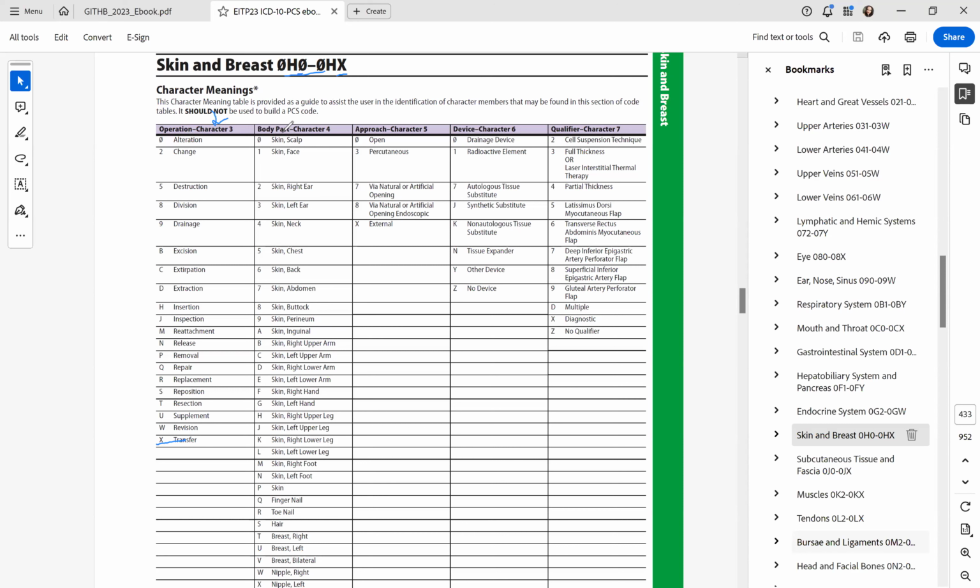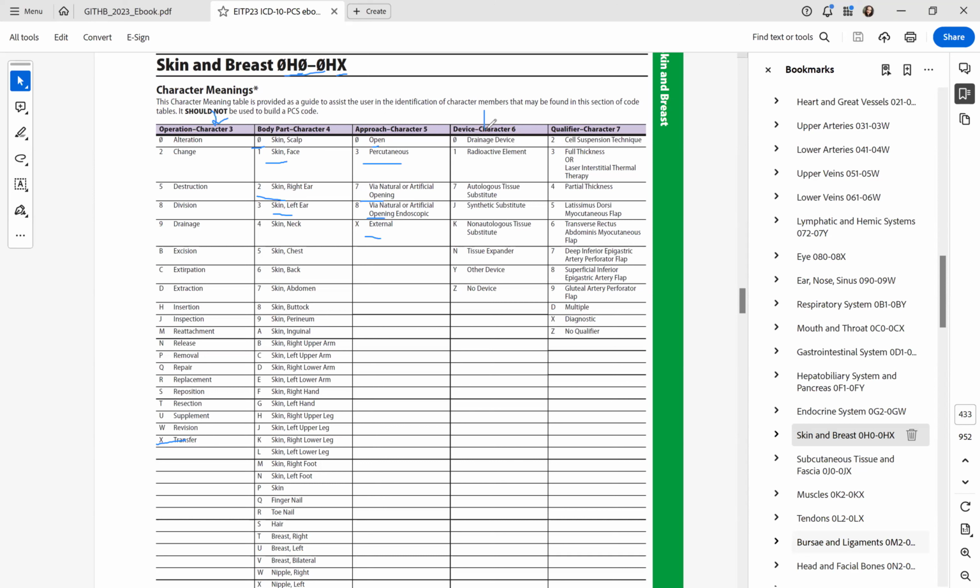Now we have the fourth, fifth, sixth, and seventh. And just like the other procedures, we have the body part. In this case, since skin goes all over the whole body, it's the scalp, the face, the right ear, the left ear, and so on. The approach could be open, 0, could be percutaneous, via natural or artificial opening, via natural or artificial opening with an endoscopic or an external.